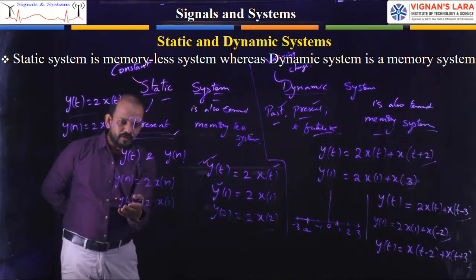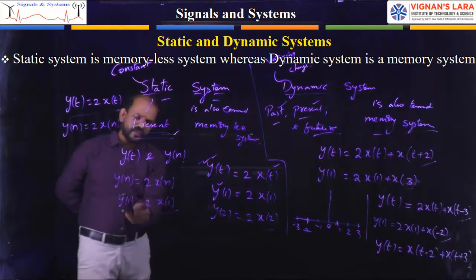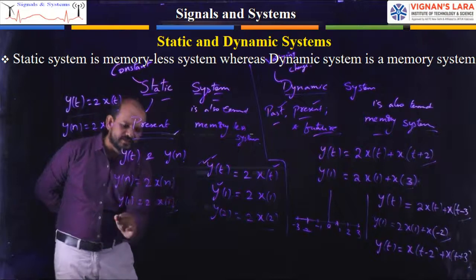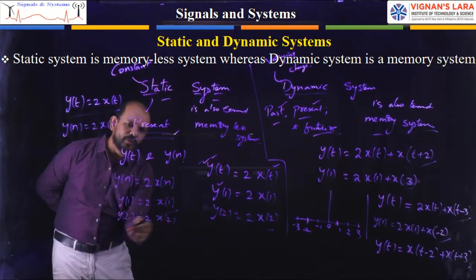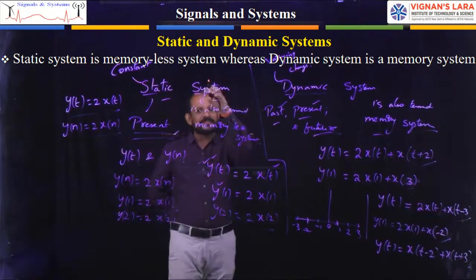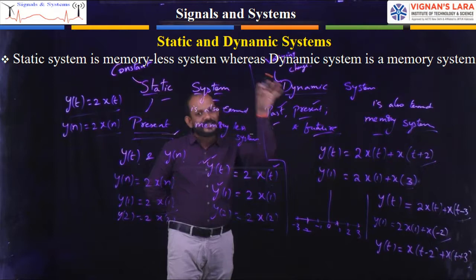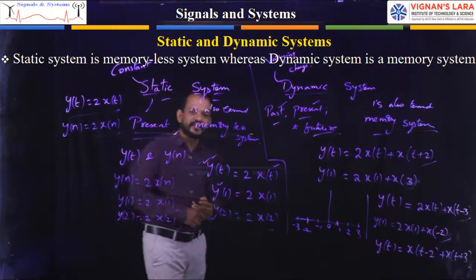So the output depends on the present input. So I can say this is static. For that particular instant, let us take y of 2, 2 into x of 2, y of 10, 2 into x of 10. The output at the 10th unit is dependent on the input at the 10th, that is, the output depends on the present input. So this is static.